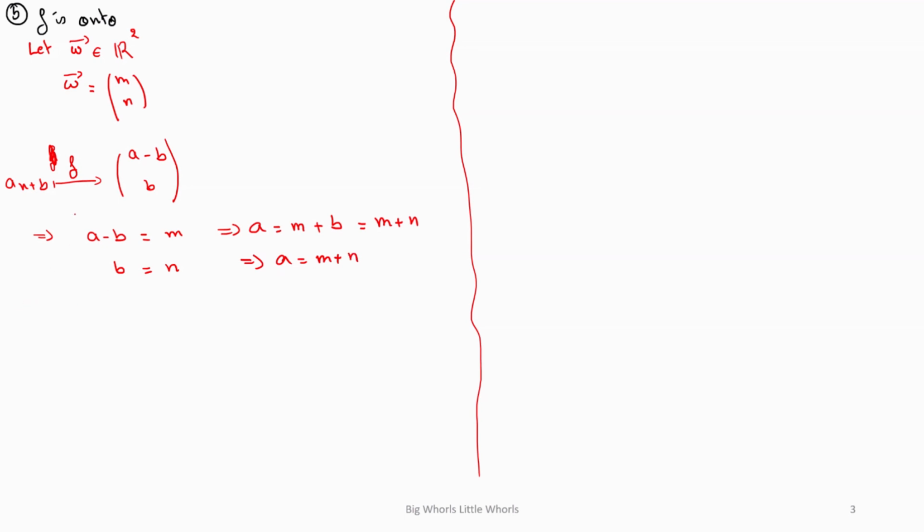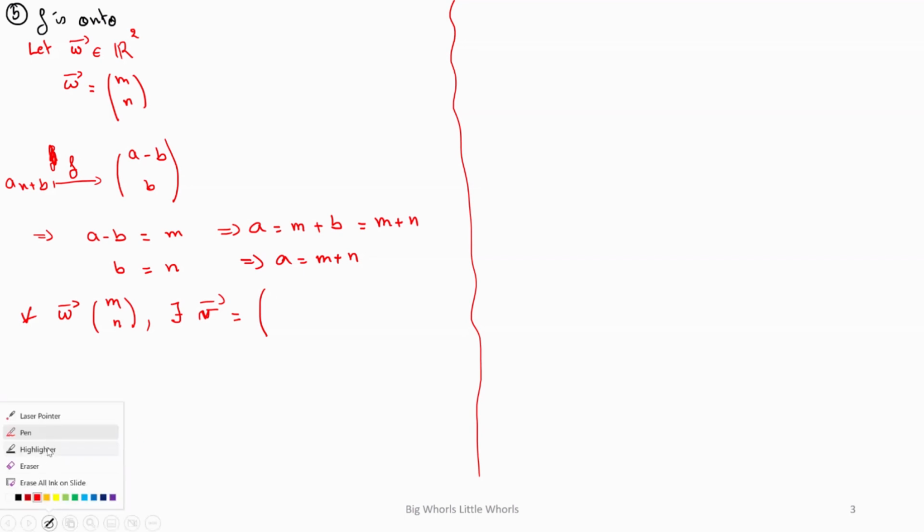So for every vector W equals (m, n), there exists a vector V, a small v, which is not a two-dimensional vector.